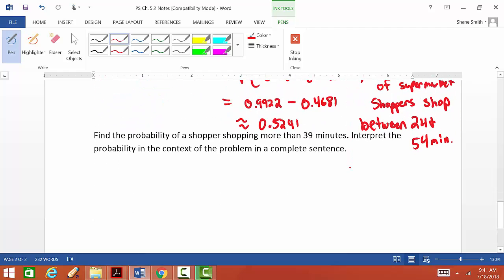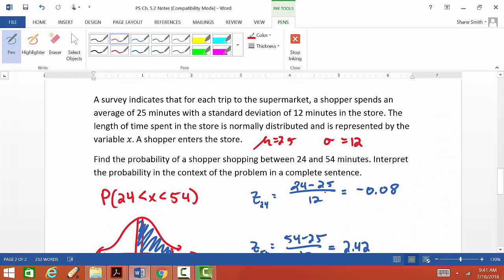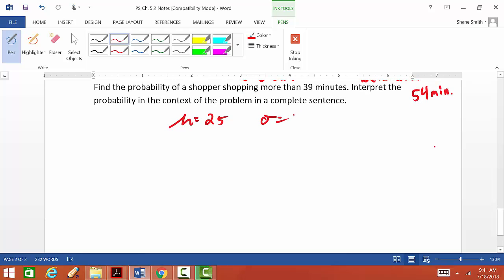All right, last one. Very similar. It's based off the same given information. So again, the mean was 25, I remember, and the standard deviation, I'm gonna have to scroll up here, is 12. But the question is probably that it's greater than 39. So once again, we get the z-score for 39, which is 1.17.